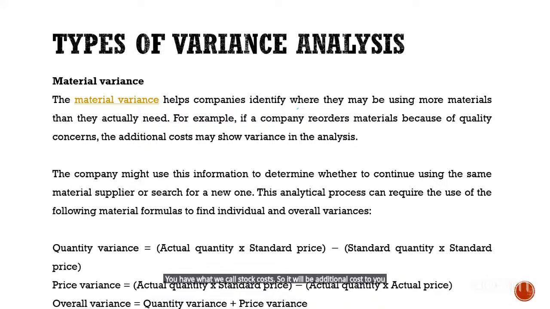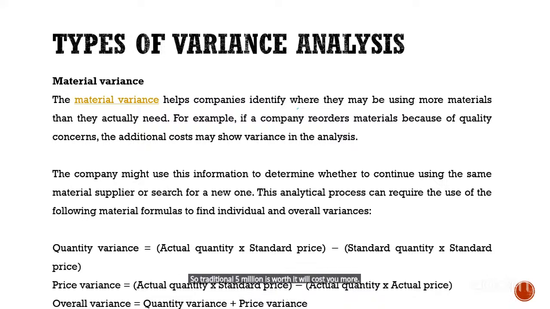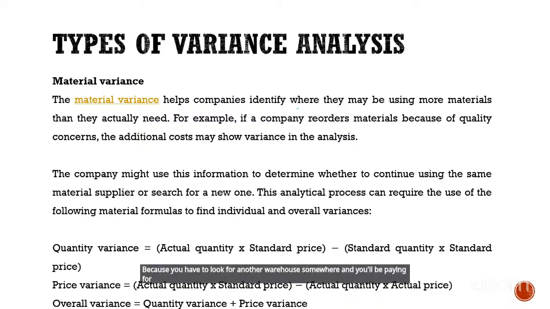Let's assume that you have the capacity to handle, let's say, 1 million units of stock comfortably in your warehouse. And then you say, okay, you want to get 1.5 million. So the additional 500,000 is what? It will cost you more because you have to look for another warehouse somewhere.